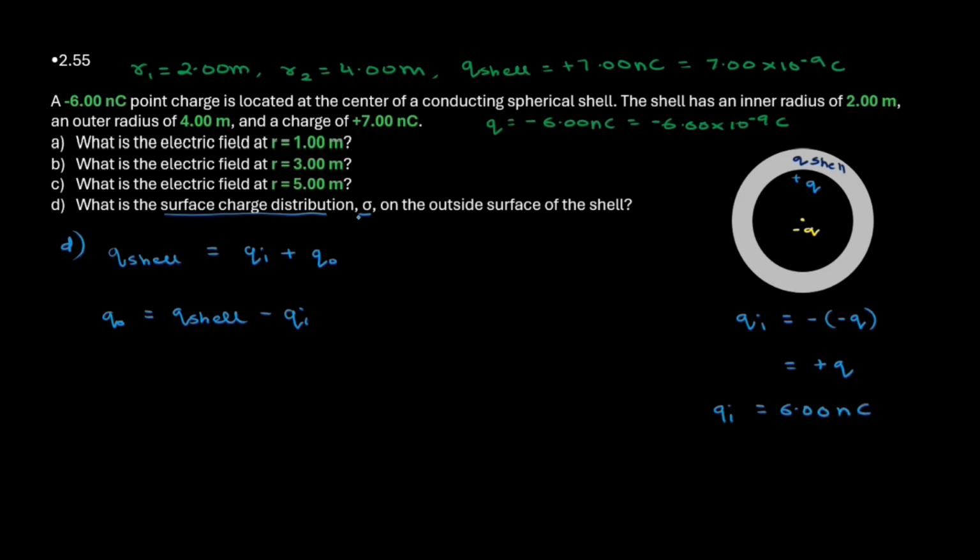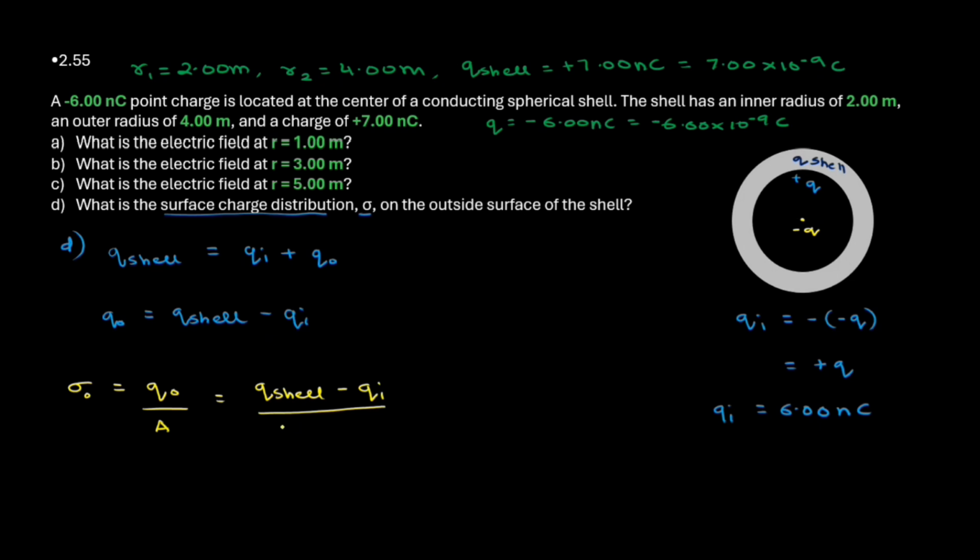I need to find the surface charge distribution. Surface charge distribution on the outer surface will be equal to charge on the outer surface over the area. So charge on the outer surface is charge on the shell minus charge on the inner surface over the area.